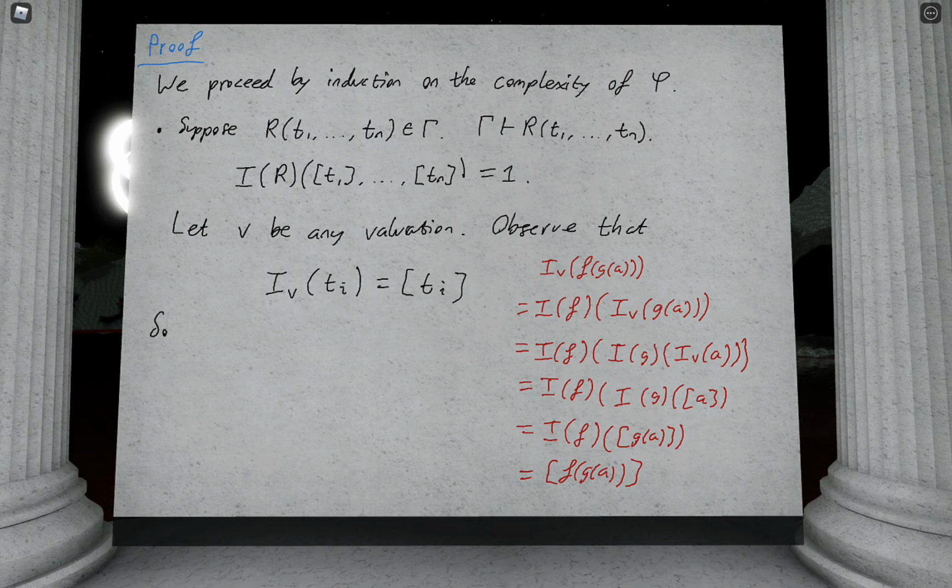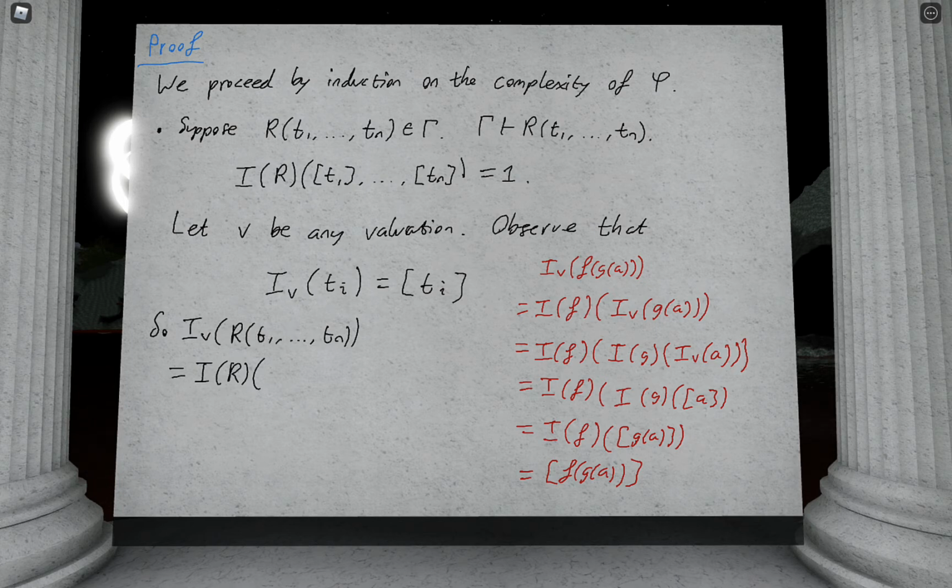So I of v of t1 up to tn. The rules of the semantics say that you interpret the relation R as some relation that holds of certain sequences of objects, and you apply it to the objects picked out by the terms in the sequence.